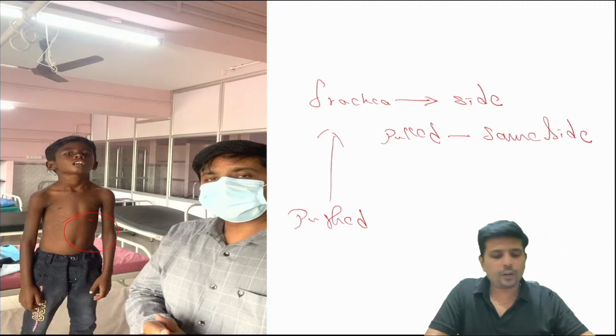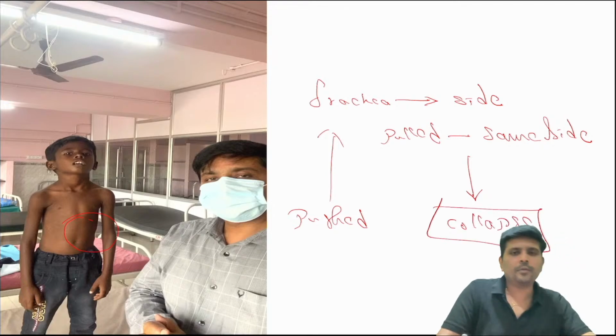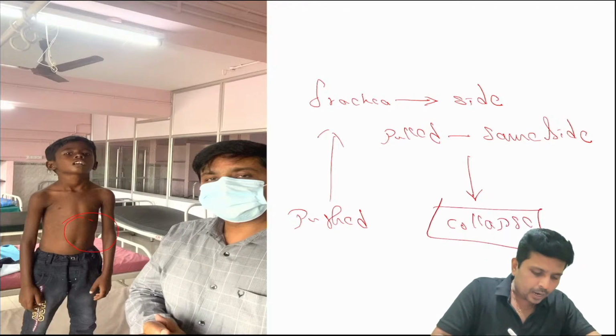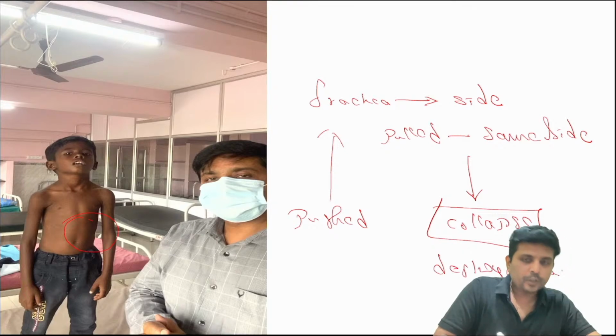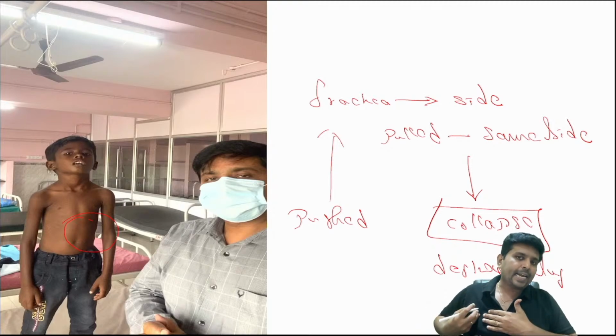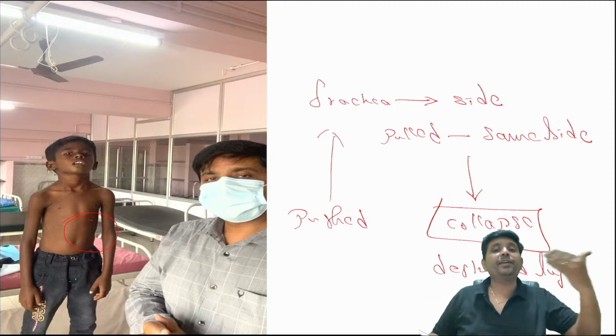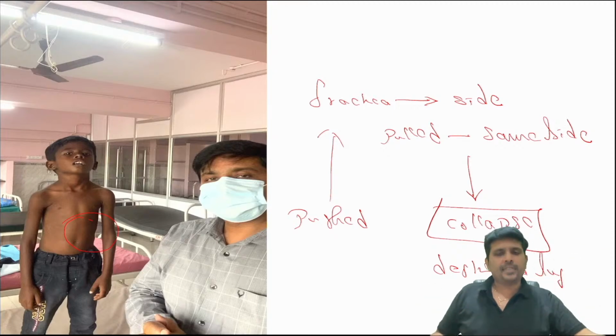Loss of lung volume, which means collapse or destroyed lung. So when this clavicular head of sternocleidomastoid is prominent, the underlying right lung is collapsed or has been destroyed due to some infection.